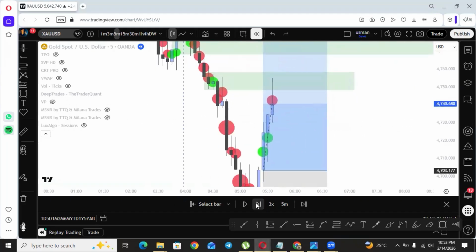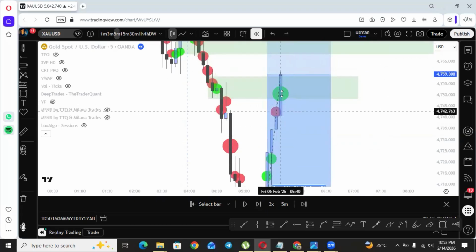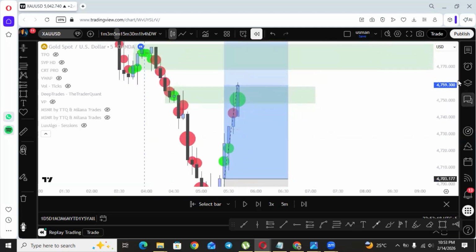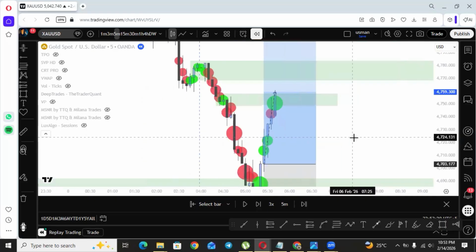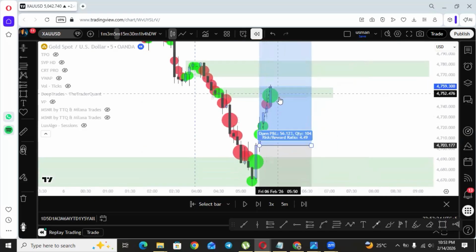So let's play the chart. What we see now, buyers absorbed all the sellers. So our heartbeat will come back to a normal pace, since we know the market will not hit our stop loss, as buyers have absorbed it again. So let's play it again.